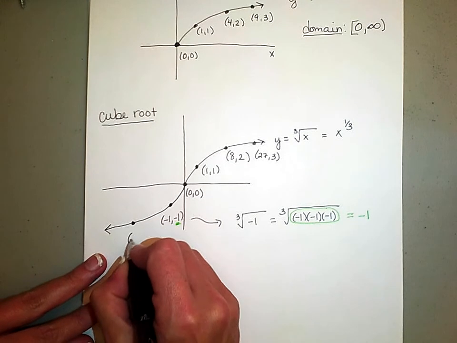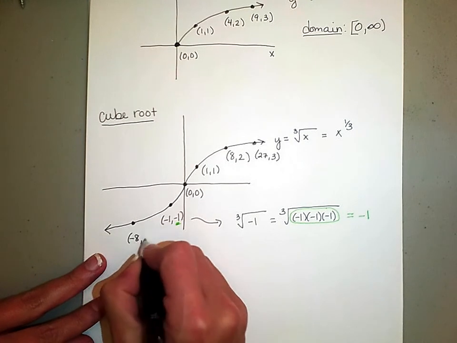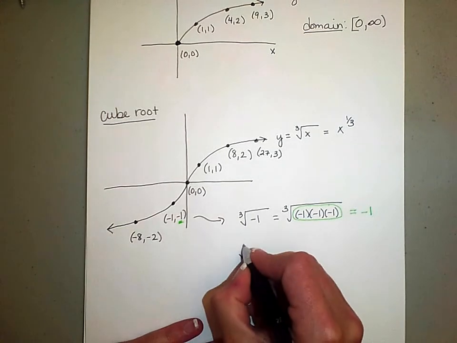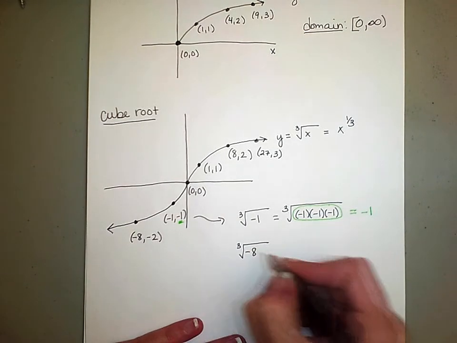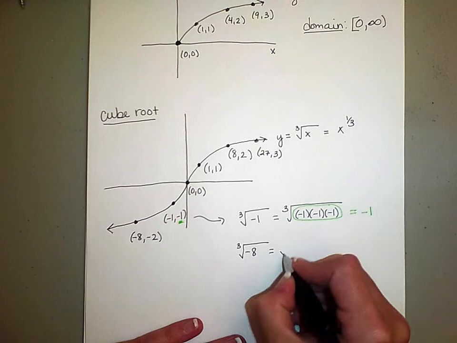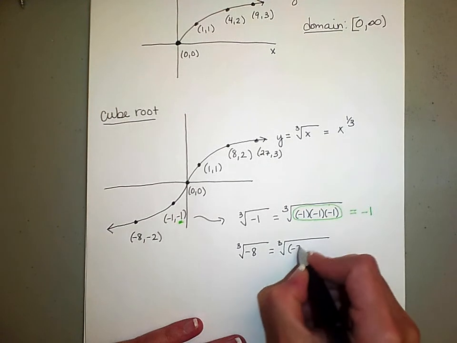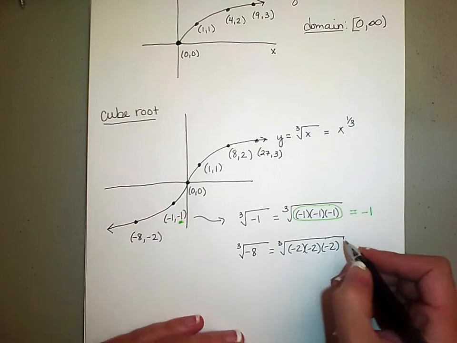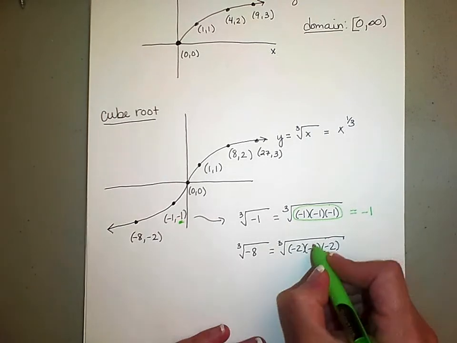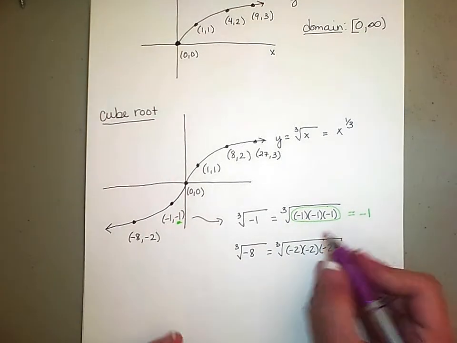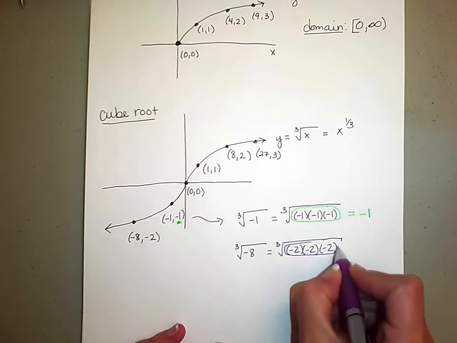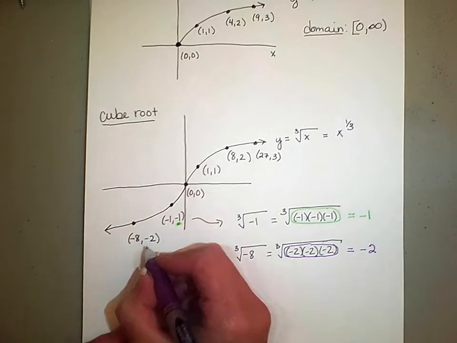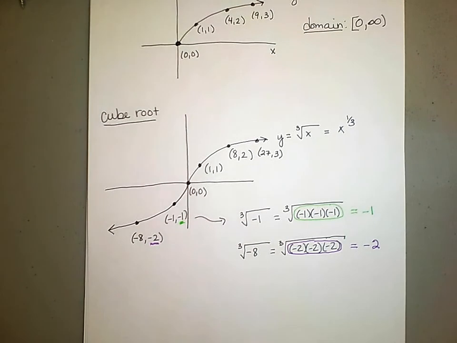Also, we have the point negative 8, negative 2, because if we put negative 8 into the cube root function, I could rewrite this as negative 2 times negative 2 times negative 2. Now there's a group of 3 negative 2s, so the cube root of negative 8 is negative 2. Hence, we have that point.